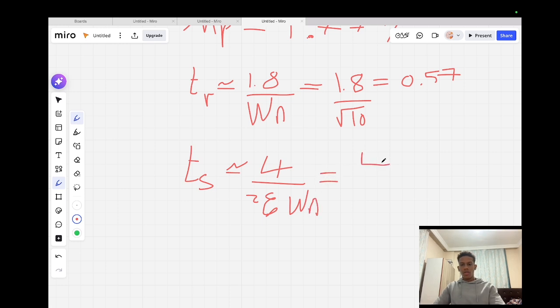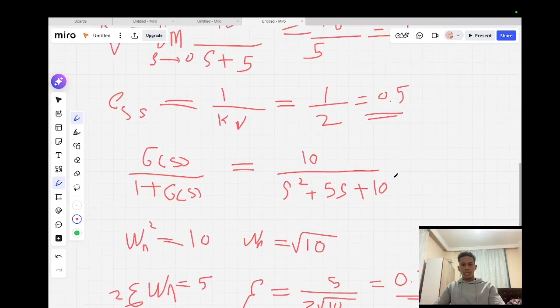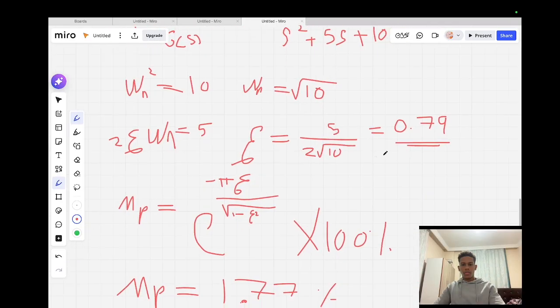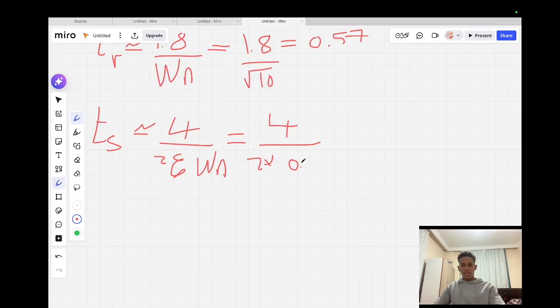It's equal to 4 over 2 multiplied by 0.79 multiplied by square root of 10.